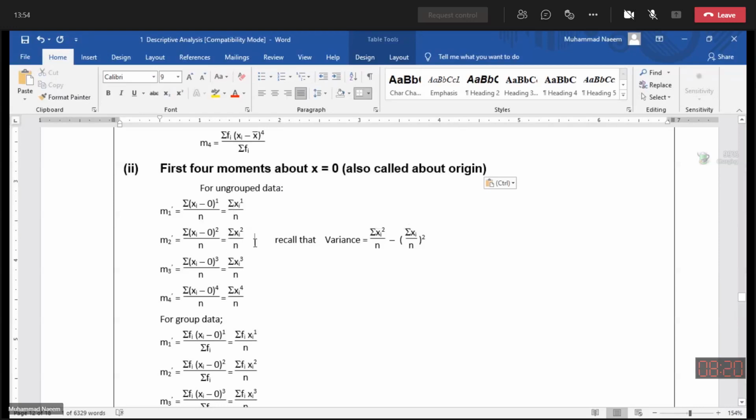And for second moment, we just have sigma x square over n. And third moment about origin becomes sigma x cube divided by n. And fourth one, sigma x power 4 divided by n.